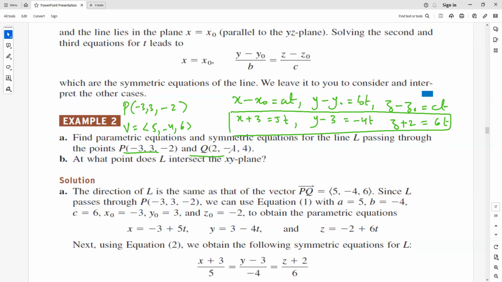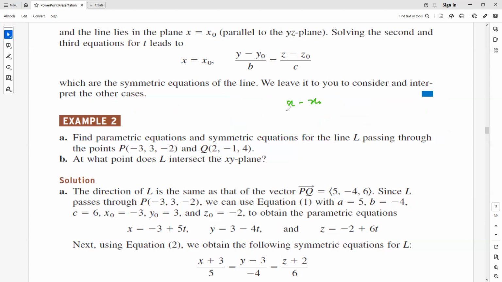Now we need to find the symmetric equation as well. We have the symmetric representation as x minus x naught over a, sorry, it's a, not at. So we have x minus x naught over a equals y minus y naught over b equals z minus z naught over c.